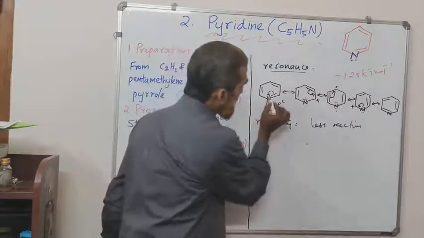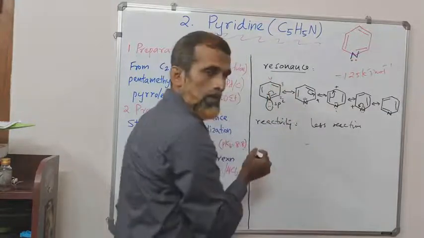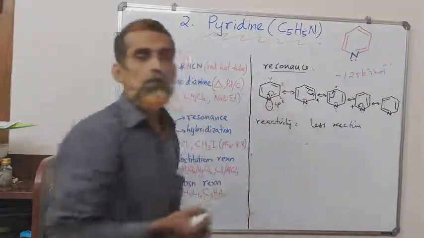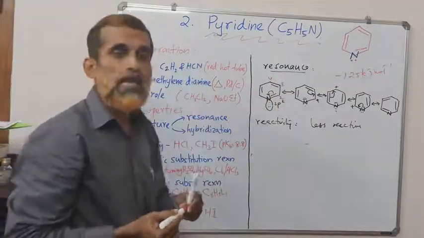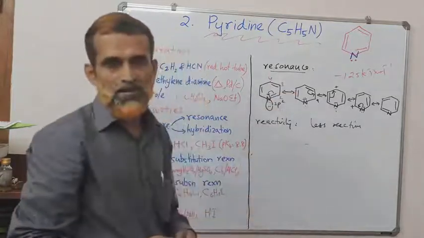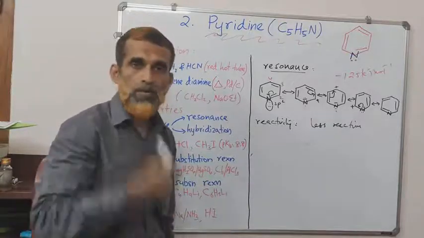Now regarding orientation, see there are three different positions. Compared to this nitrogen which is position 1, this is 2, this is 3 and this is 4. This is again 3, this is 2. So there are three different positions. Preferably attack takes place at position 3 for electrophilic substitution reactions. How do we explain? In two ways we can explain.